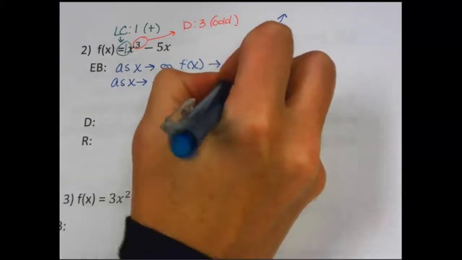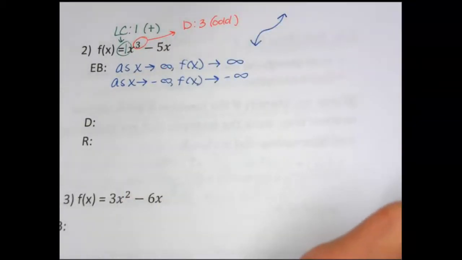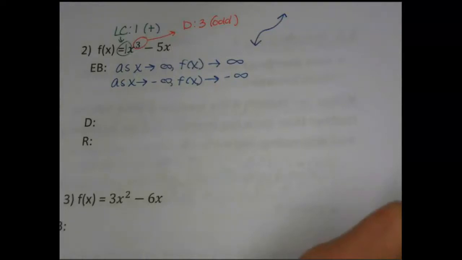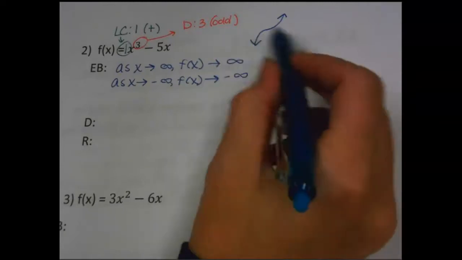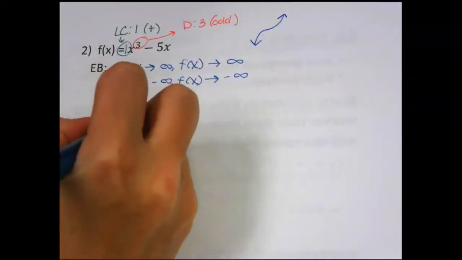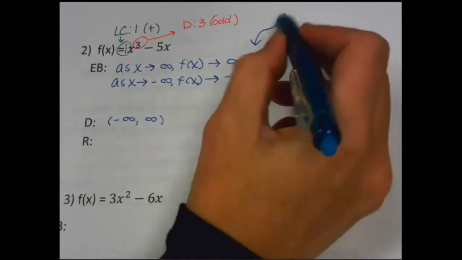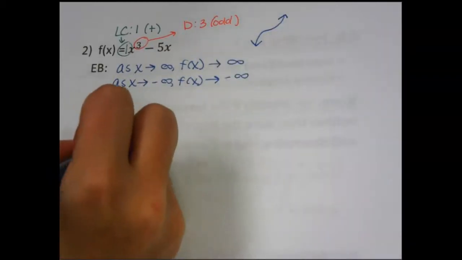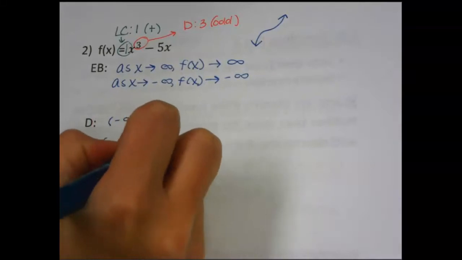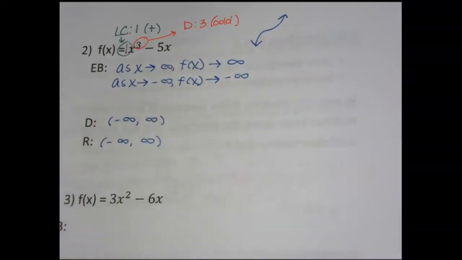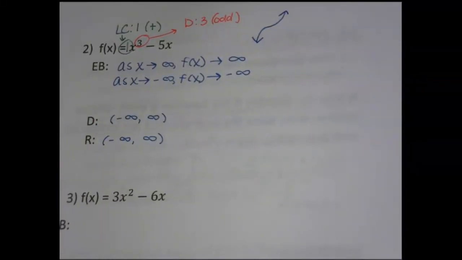So it's going towards negative infinity. Domain and range on graphs like this are pretty easy because they're continuing to the left and the right forever. So negative infinity to positive infinity. And they're also going up and down forever. Again, negative infinity to positive infinity. In the computer, you use INF instead of infinity.